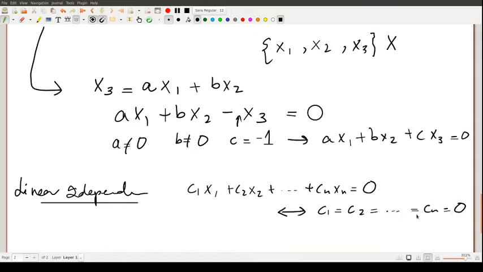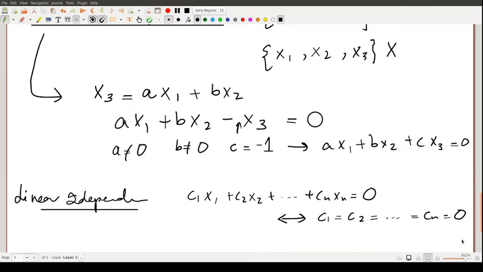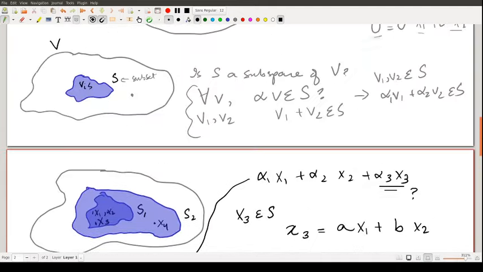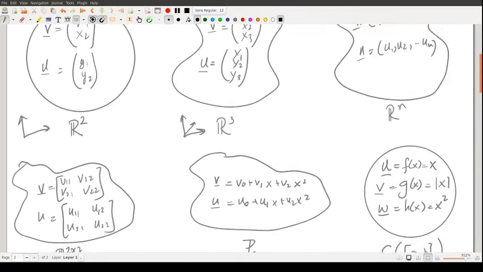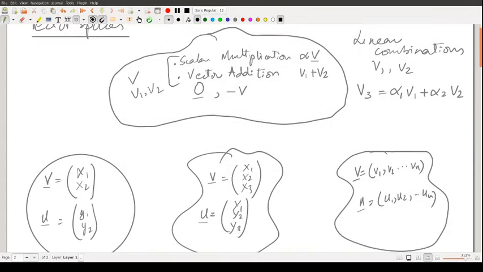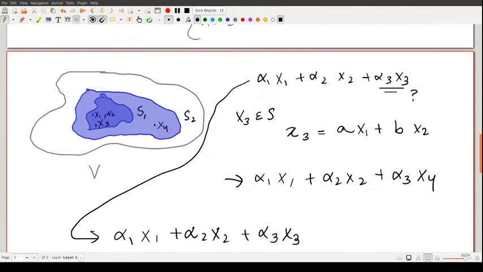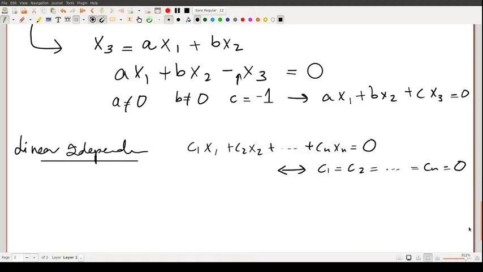Because if they're not all 0, then you will have a situation like this that we had with x1, x2 and x3. So that's where the idea of linear independence comes in, right? So that's the idea for linear independence, for subspaces, and for vector spaces.